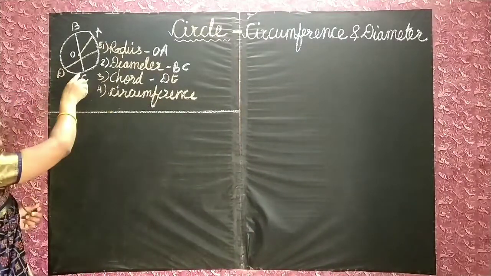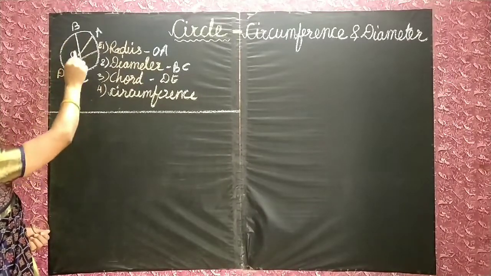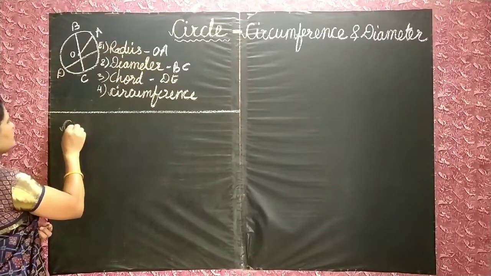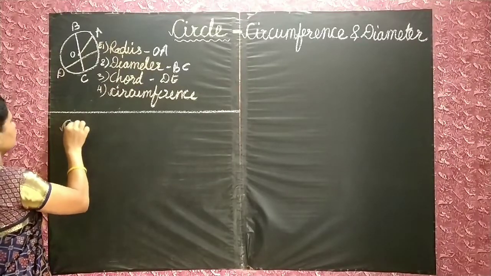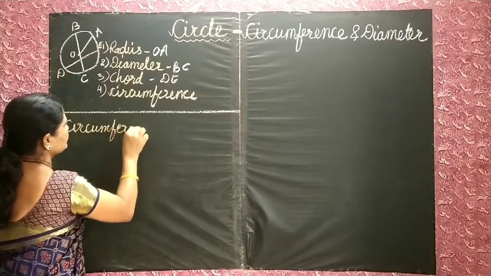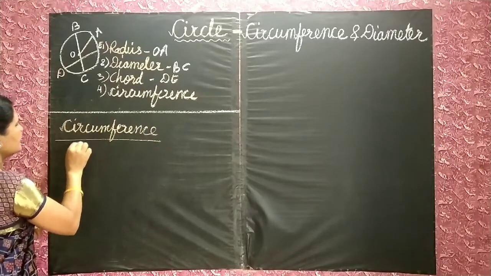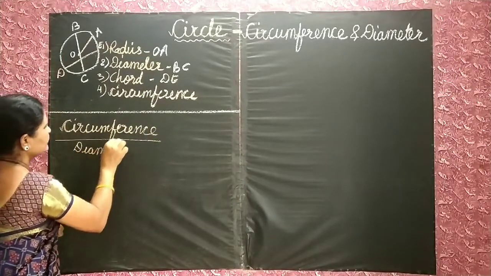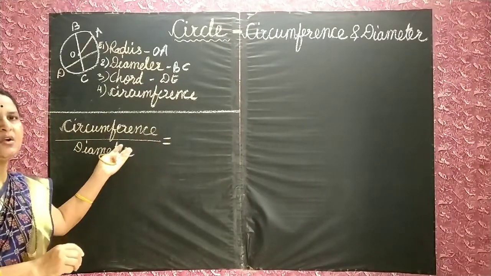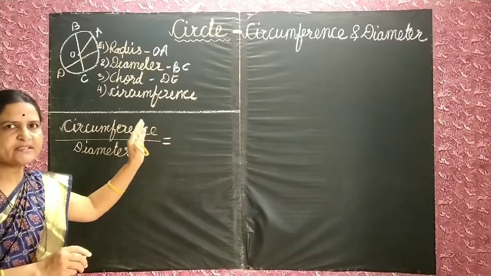You can take this circle also: if you measure the circumference and the diameter, the ratio of circumference and diameter is a little over 3, and it remains constant.